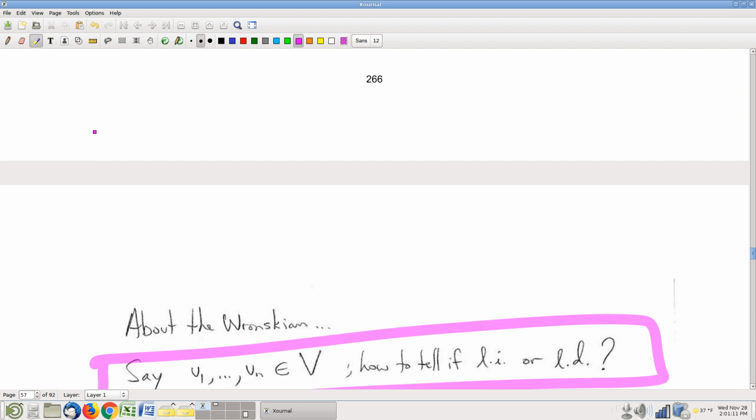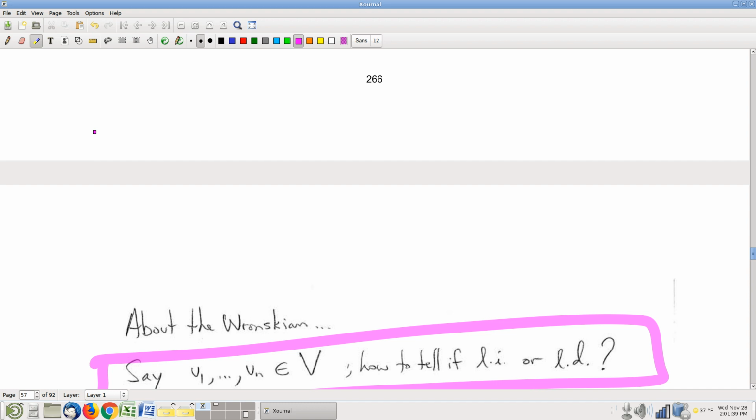Okay. So notice that this question here, though, is not, we have a collection of vectors in Rn, we have a collection of vectors that are functions of a certain amount of differentiability. This is just, suppose you have vectors in some unspecified vector space, any unspecified vector space, whatever. Then how do you tell if they're independent or dependent? We don't really have tools for that.